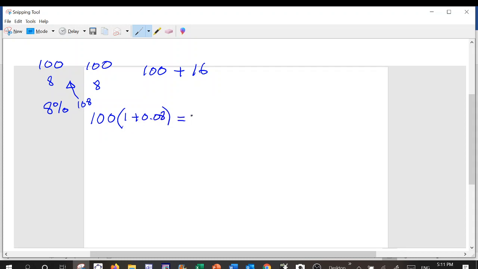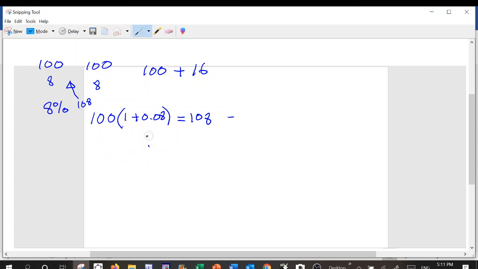And this gives us 108. So how do I get 116? Well, we'd have to multiply again by 1 plus 0.08, starting with 108.